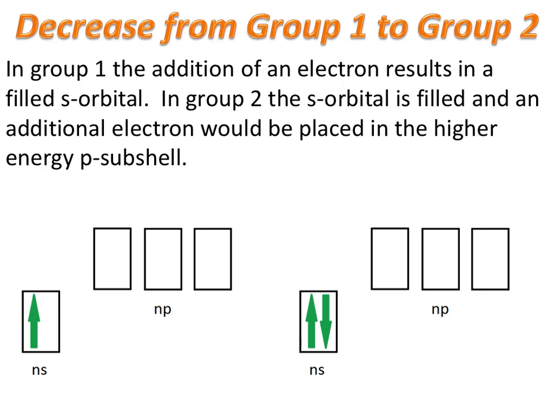As you can see here, in group 1, there's simply one electron in the s subshell, and putting one electron next to it completes the subshell. As a result, you have a completely filled orbital, and there's a release of energy.